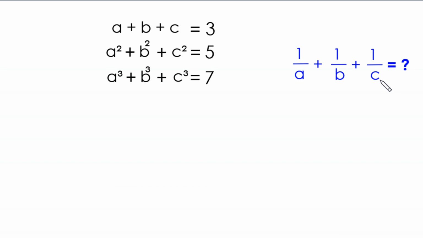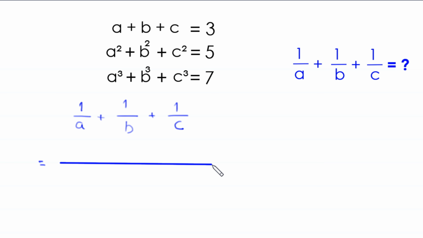So let's start. First we simplify this expression 1 over a plus 1 over b plus 1 over c. This is equal to, we take the LCM of these three denominators. The LCM is a times b times c.